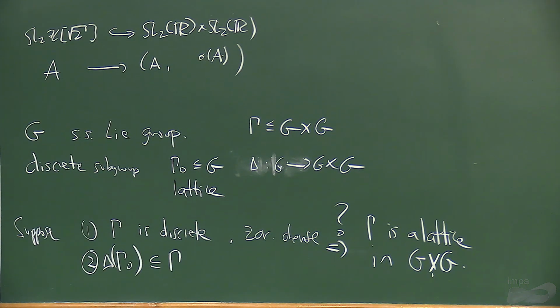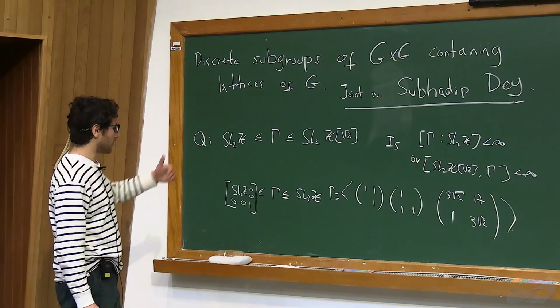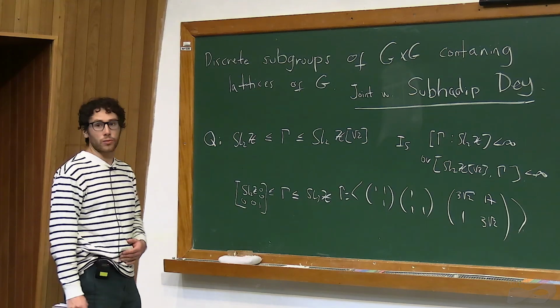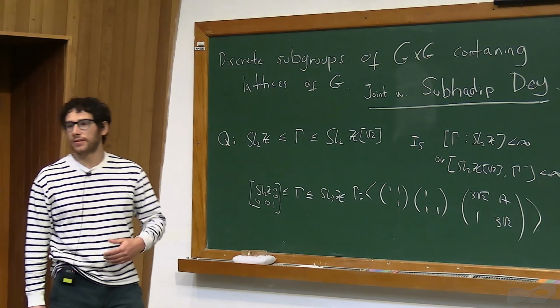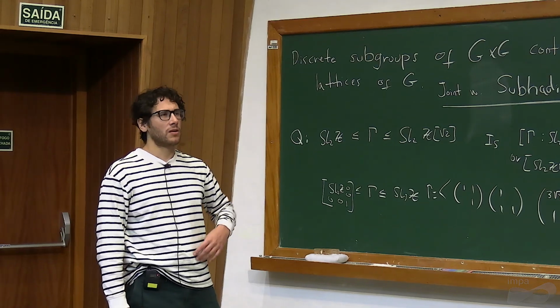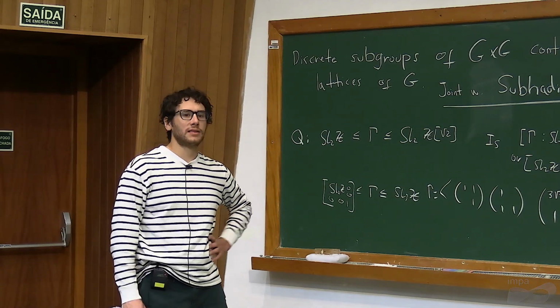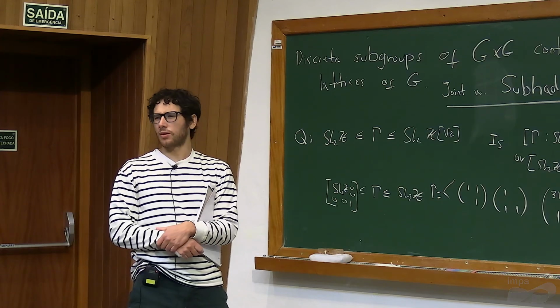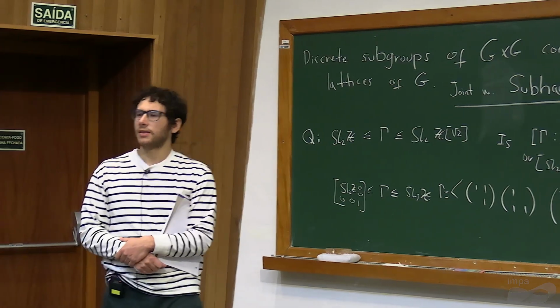But when it comes to SL2R times SL2R or SL3R, it seems like we don't have many examples. There are these Kleinian groups that are called quasi-convex. No, what's the name? Geometrically finite.